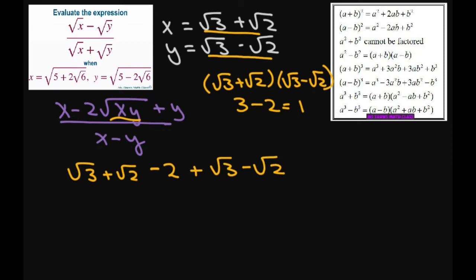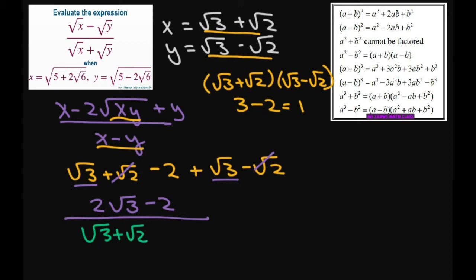All right, so let's see what happens. These two cancel out. So basically we have 2 of these. So we have 2 square root of 3 minus 2. That's our numerator. Our denominator, we're subtracting these two. So that's going to be square root of 3 plus square root of 2 minus square root of 3 minus square root of 2.